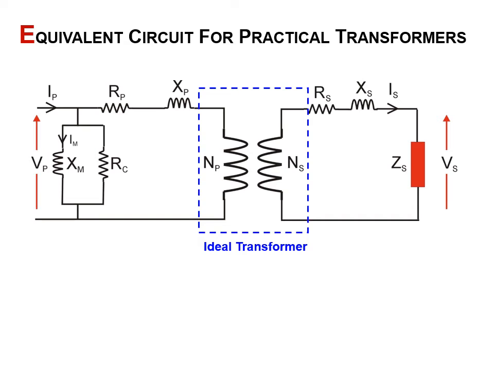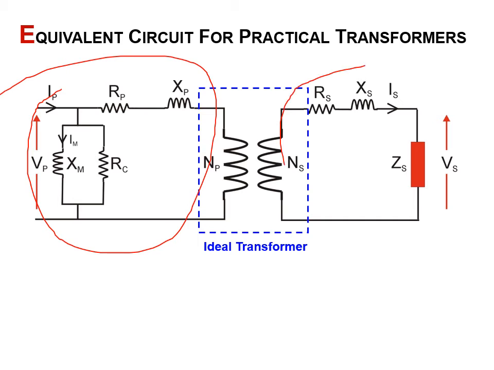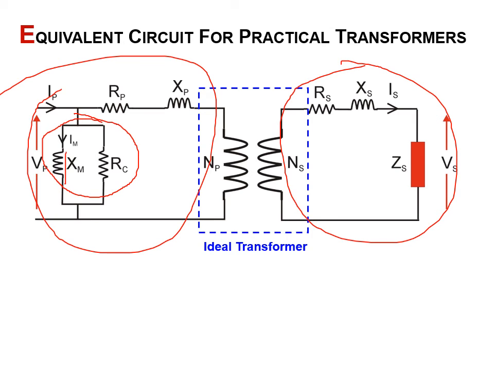So now we have an equivalent circuit for a practical transformer. We have the primary side and the secondary side, and the thing to note is that on the primary side we also have this magnetizing current and the iron core losses.